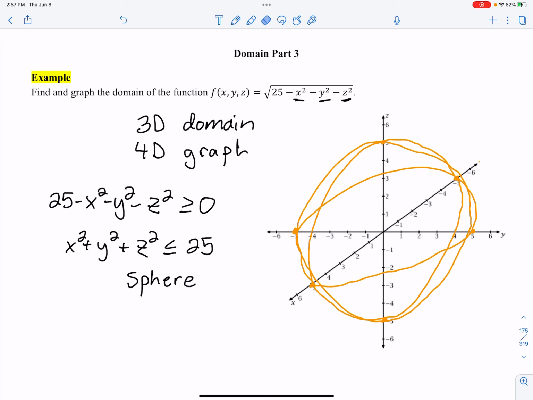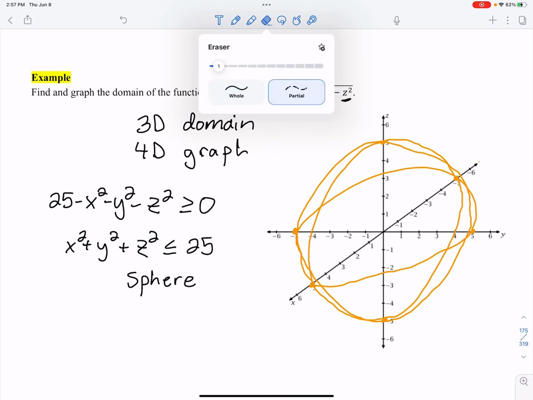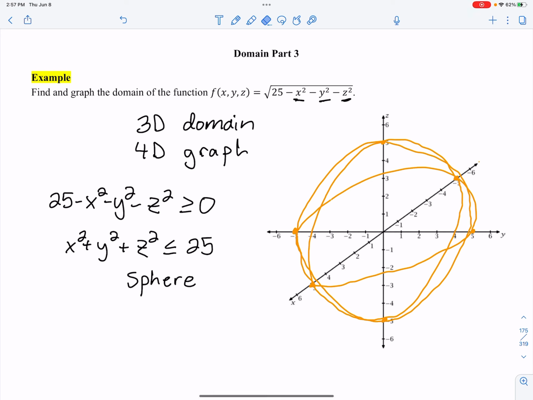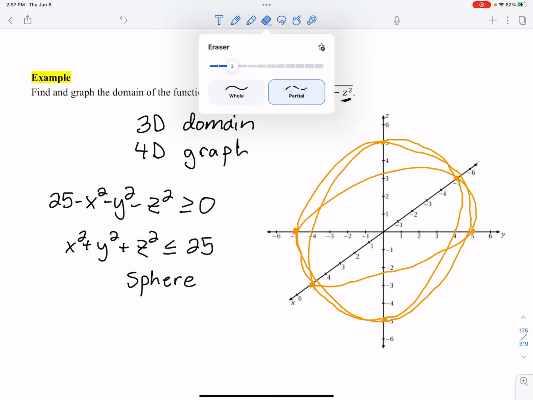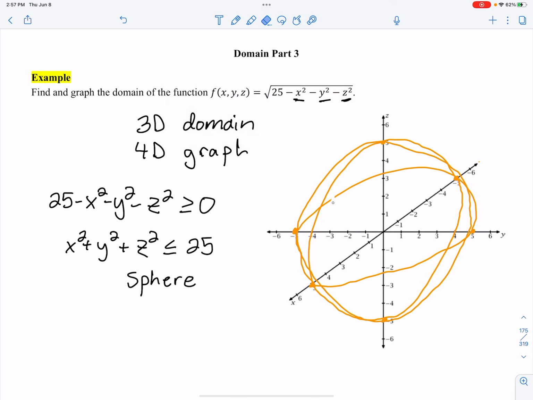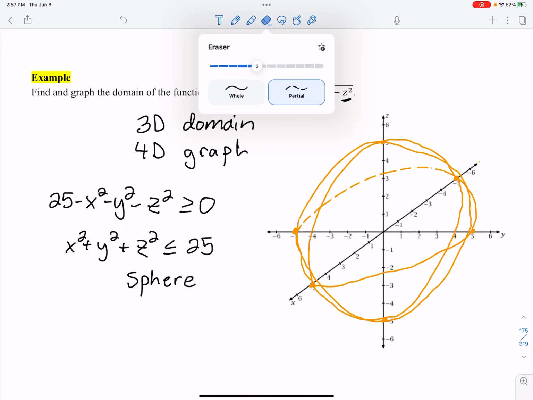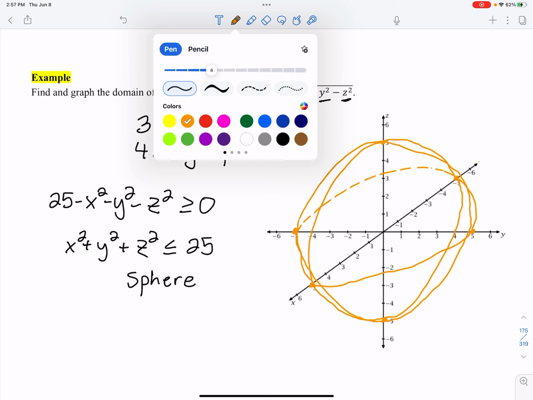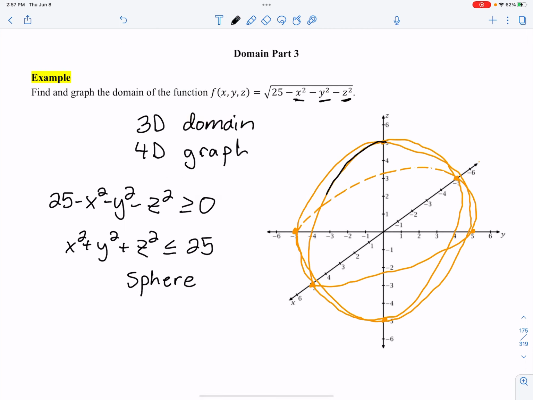So let's go ahead and make some dotted lines here. I'm going to erase partially, and let's make this a little bigger. This is back behind. So we have this front piece here, and then we have this piece that's the front.